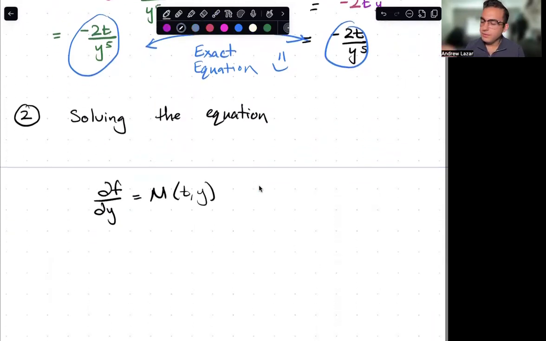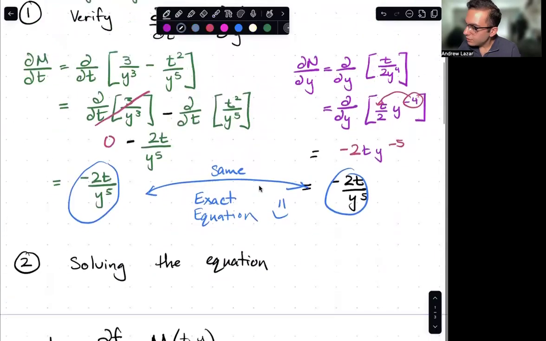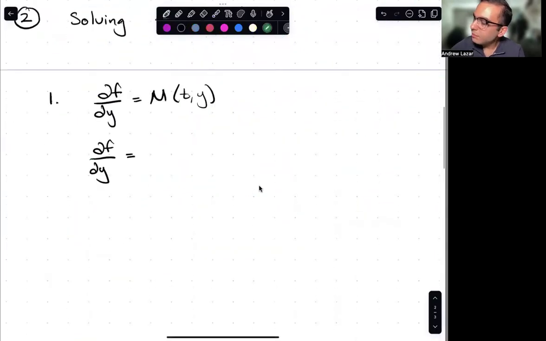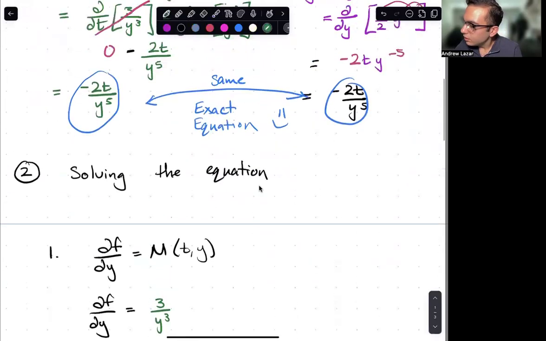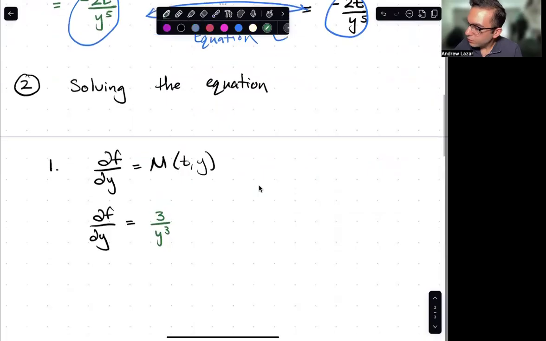So I'm starting here. So the partial of f with respect to y is equal to our function. I'm going to use the simplified version, 3 over y cubed minus t squared over y to the fifth.